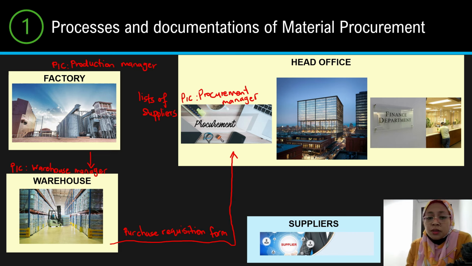So once the procurement manager identifies the supplier, the procurement manager will send a document to the supplier called a purchase order.